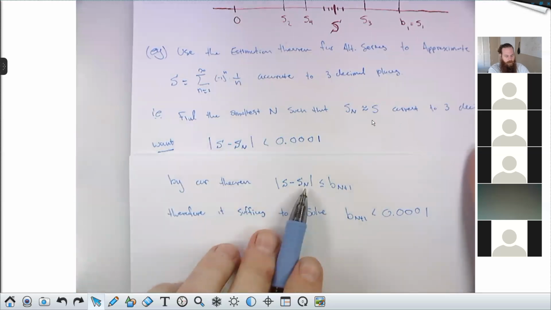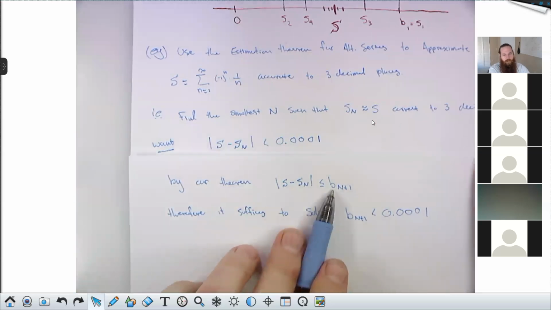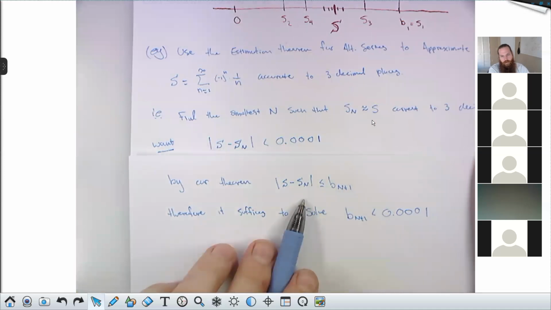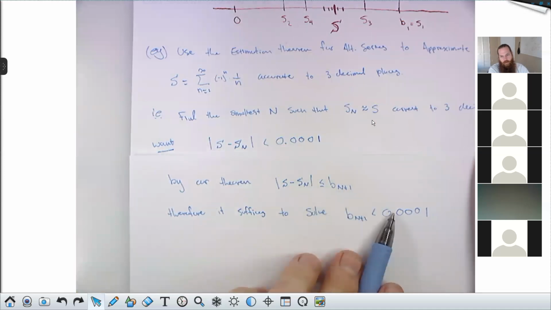I know that the distance from S to Sn is always smaller than Bn plus 1. So if Bn plus 1 is smaller than 0.0001, then S minus Sn will be smaller than 0.0001.